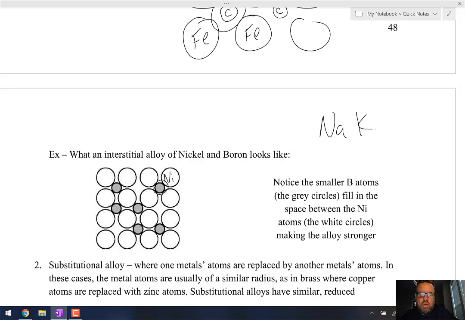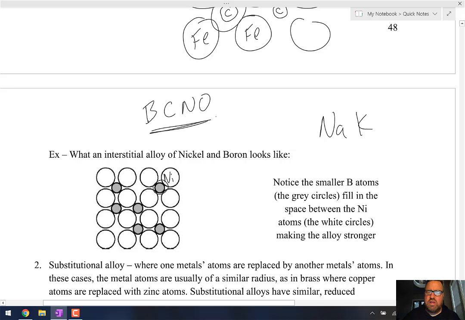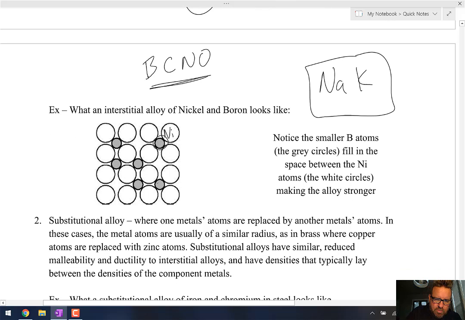Potassium does have one more electron shell, but usually when you have an interstitial alloy, you have one of those smaller elements up in that second shell. Boron, carbon, nitrogen, or even oxygen can be used. If you have an alloy of sodium and potassium, that's probably not going to be an interstitial alloy. So here are all the borons, and then the nickel is the larger clear sphere there.